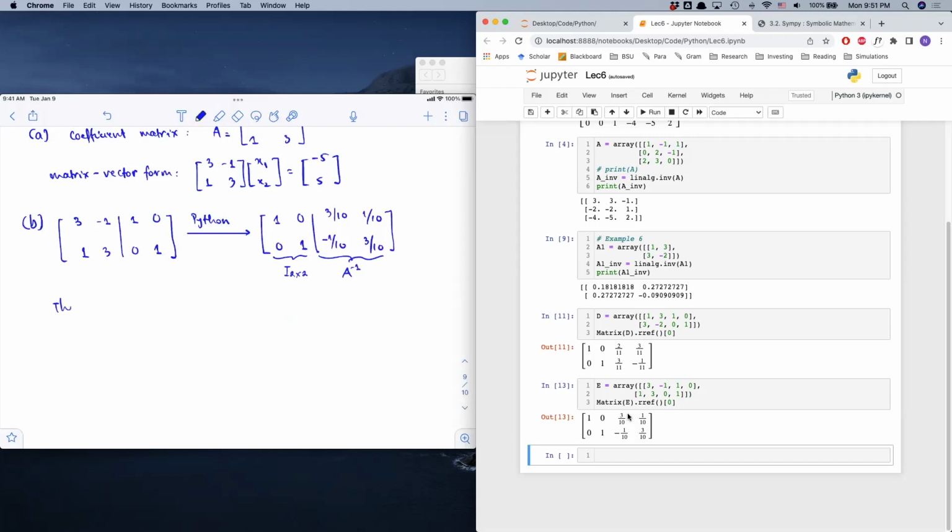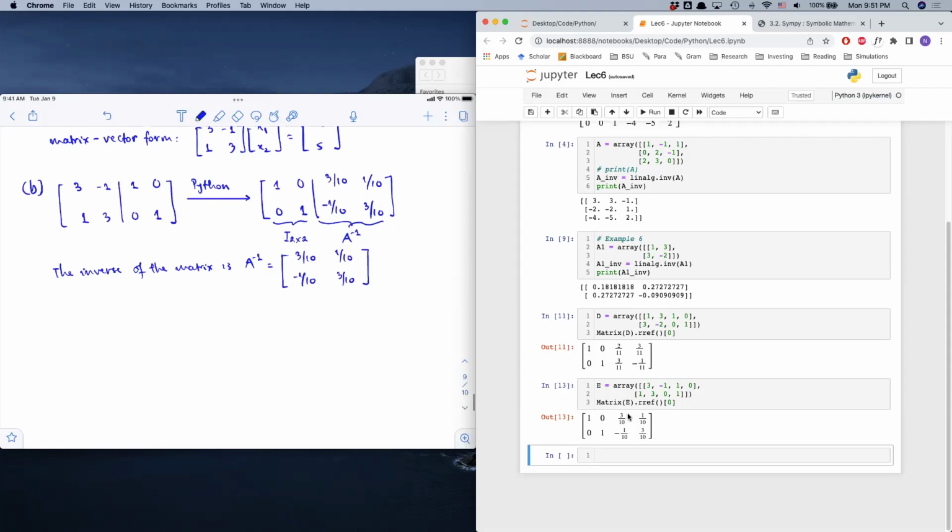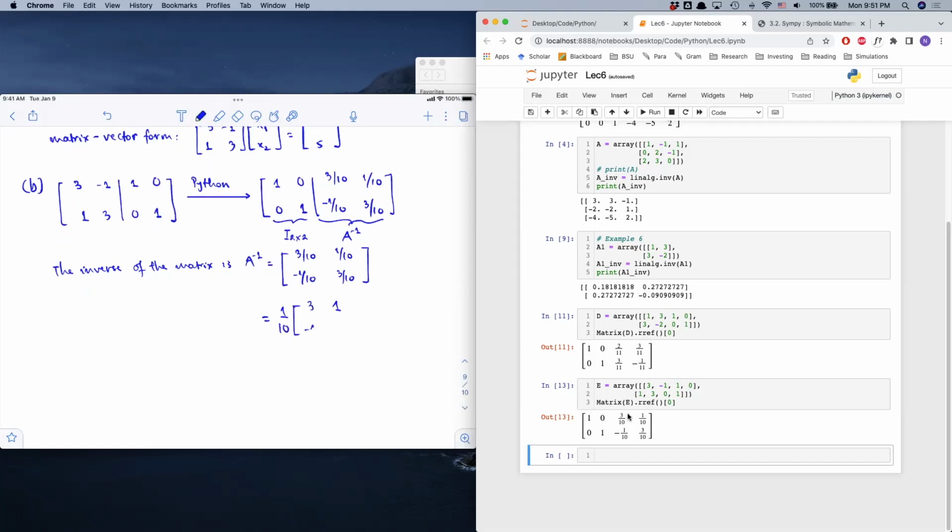So you say that the inverse of the matrix is A inverse equal to 3/10, 1/10, -1/10, 3/10. Or you can take 1/10 as the common factor, multiplied with 3, 1, -1, 3.